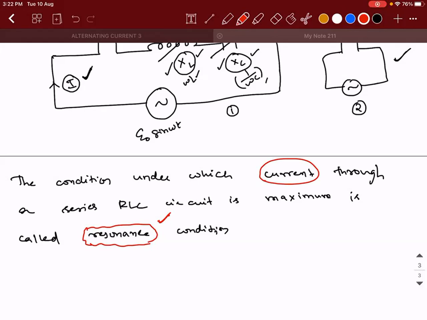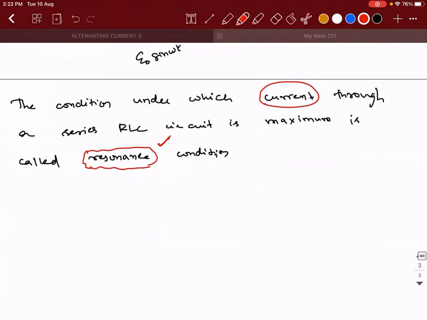Is what we call it as resonance condition. Okay. I'm sure this word resonance, you're not hearing it for the first time. You had it in your 11th standard also under the name of chapter called waves. Okay. So this we call it as resonance condition.